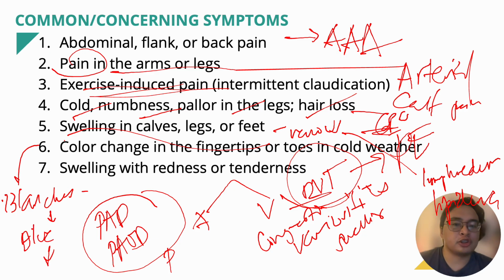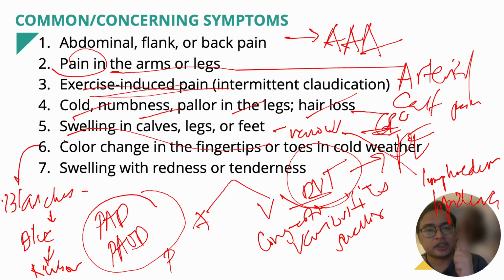And lastly, they appear rubor or red once vascular supply is reinstated. Okay, so white, blue, and red: Raynaud's phenomenon. Okay, and lastly, another manifestation of most probably venous disease is swelling with redness or tenderness. Okay, but all in all, you're just thinking it's either arterial or venous most of the time.